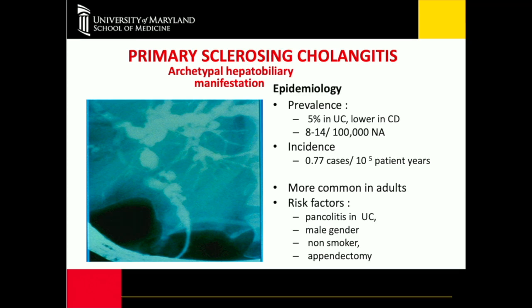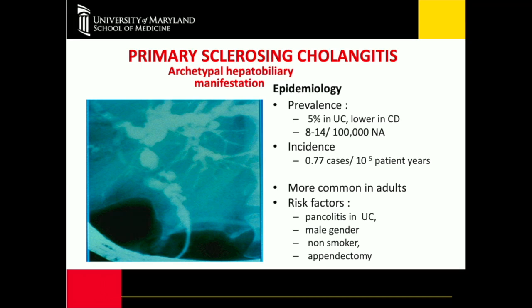In North American populations, the prevalence is about 8 to 14 per 100,000 population. It is a very rare disease, even though it doesn't seem so at most centers with active liver programs. Each year it's less than one case per 100,000 patient years. It's almost never seen in children.